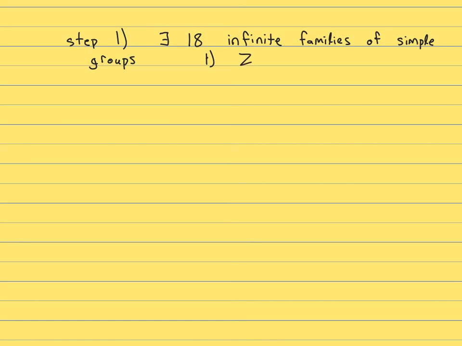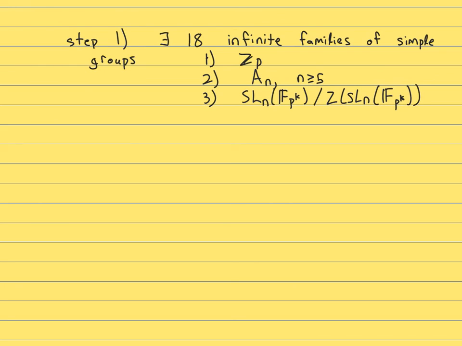The first family is indexed by primes. It's just the prime cyclic groups. The second family is the alternating groups, where n is at least 5. The third family consists of taking the special linear group, so n by n matrices of determinant 1, quotienting out by the center, and the entries must come from a finite field.